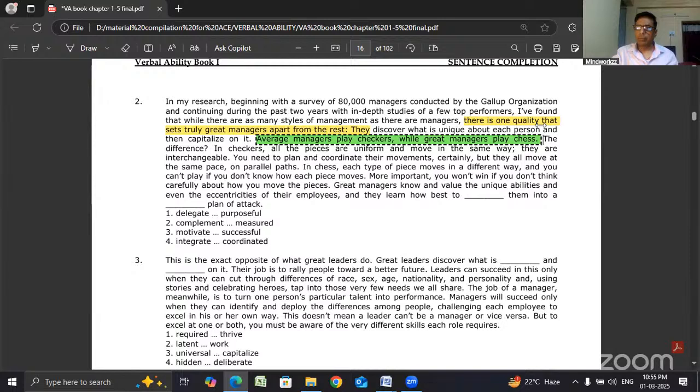Tell me. Is my point about this clear? It is not what you know about chess and checkers, it is what the author is telling you about chess and checkers that matters. This is what comprehension in CAT is.